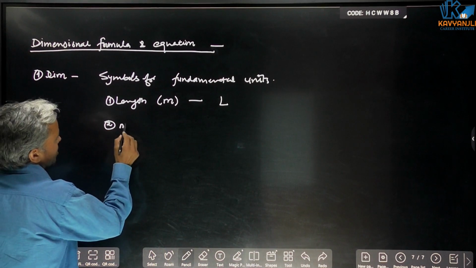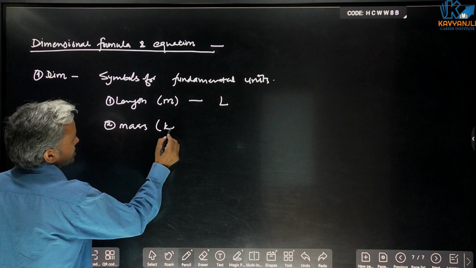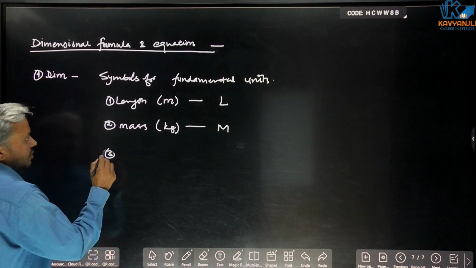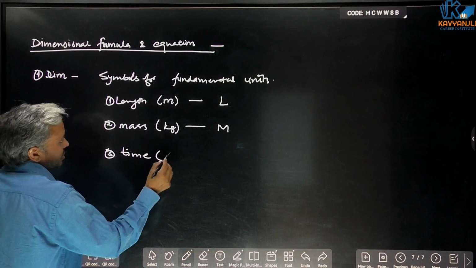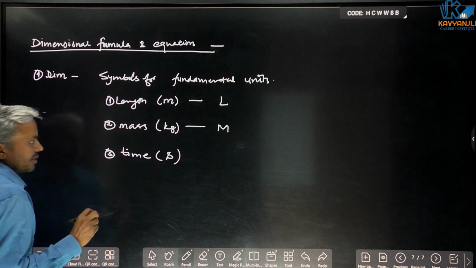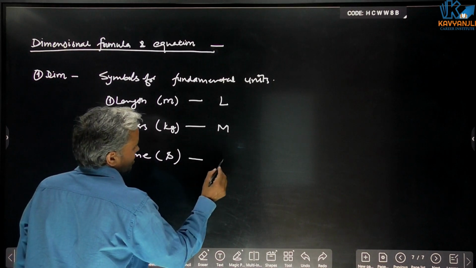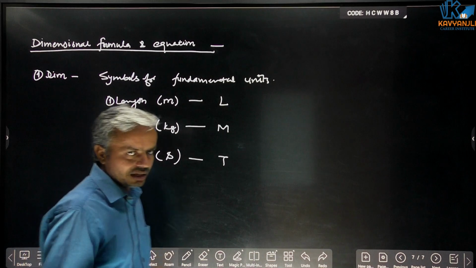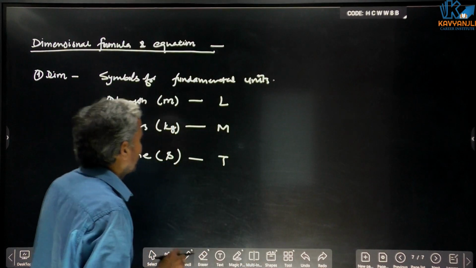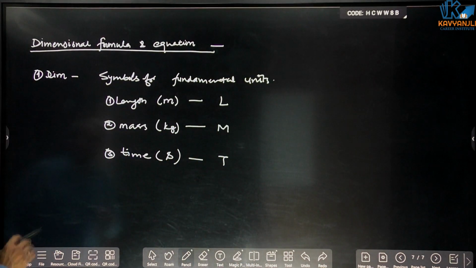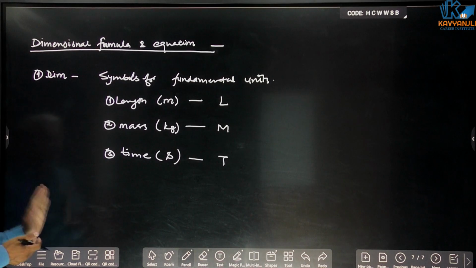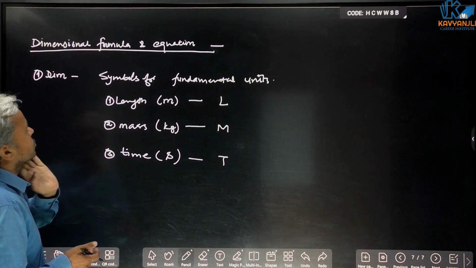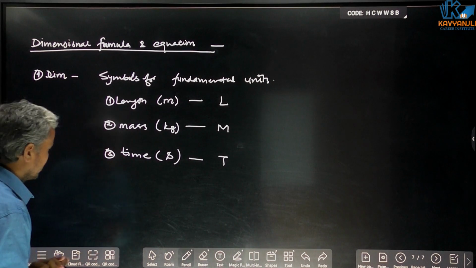Second is mass. Its unit is kg and its symbol is capital M. Third, the fundamental quantity is time, unit is second and its symbol is T. So we are taking the first letter as the symbol for the physical quantity. When we write any unit in terms of the symbols of fundamental units in brackets, this is called the dimensional formula.